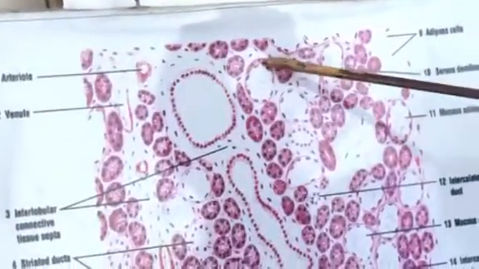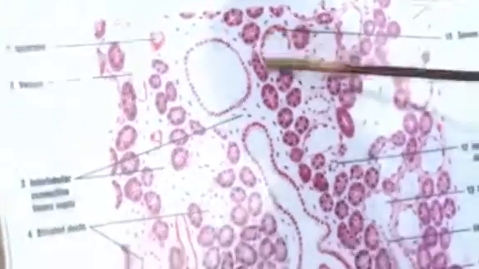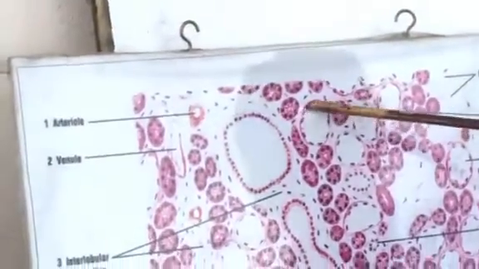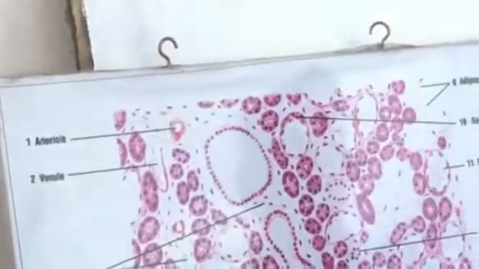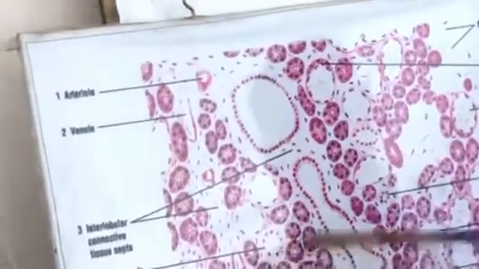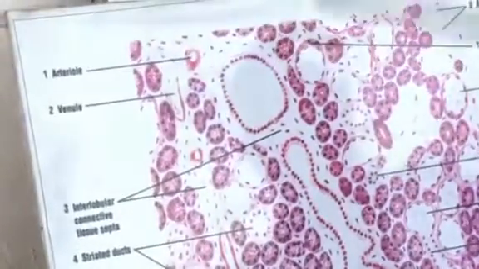Look here, it's very clear. This whole structure is mucous acini, and this is serous demilune, just a half moon shape. So the main structures are numerous serous acini, mucous acini, and serous demilunes.